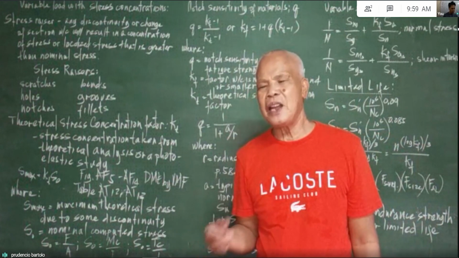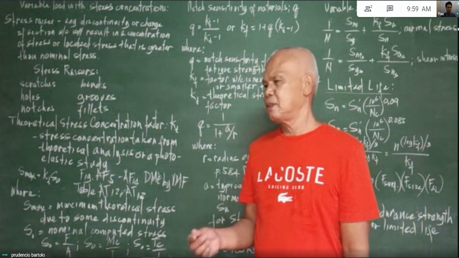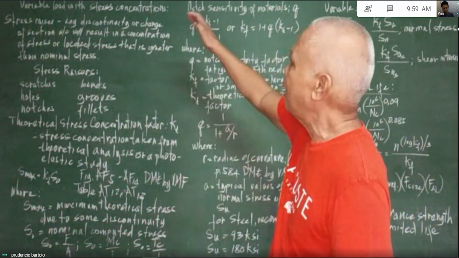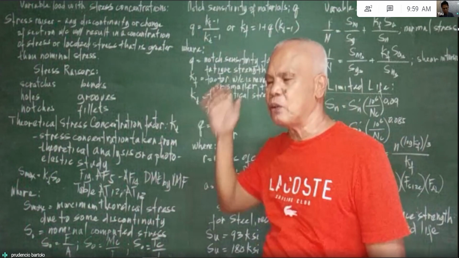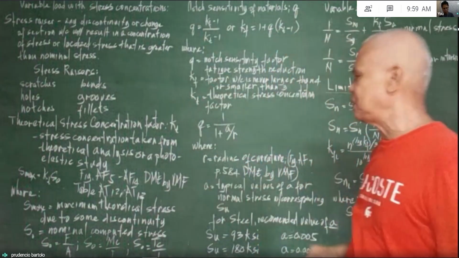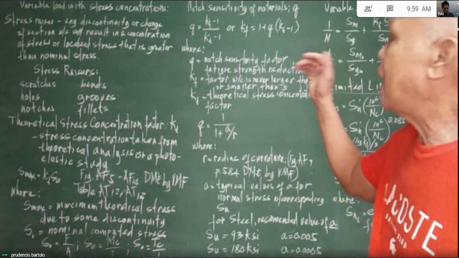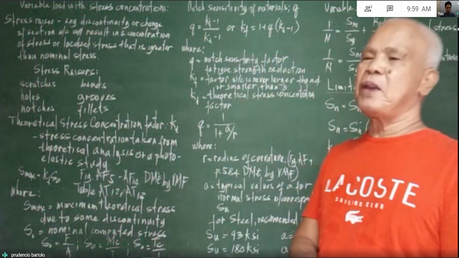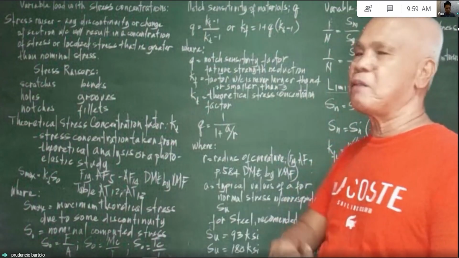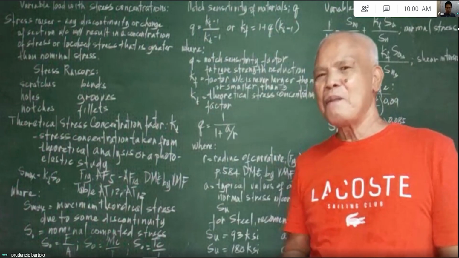There is no other book that I know that has considered variable loads with or without stress concentrations the way Design of Machine Elements by Virgil Moring has.